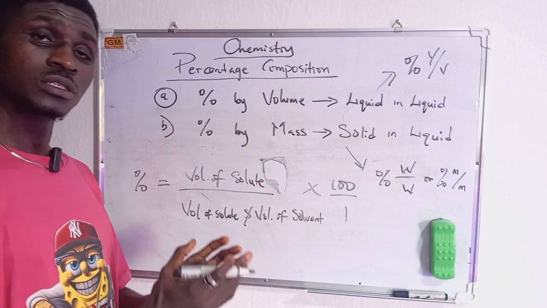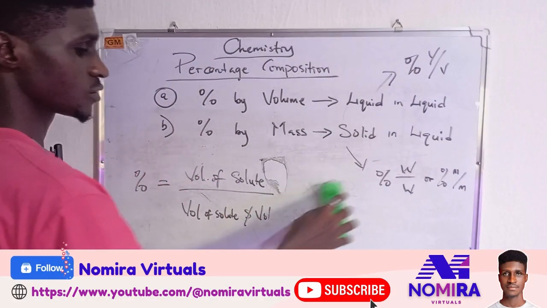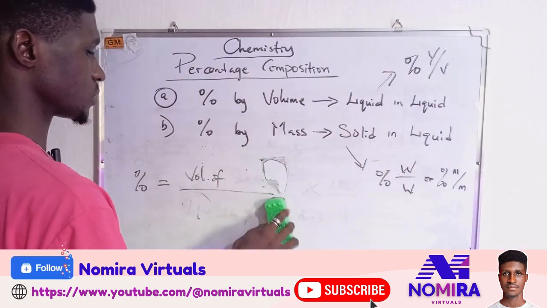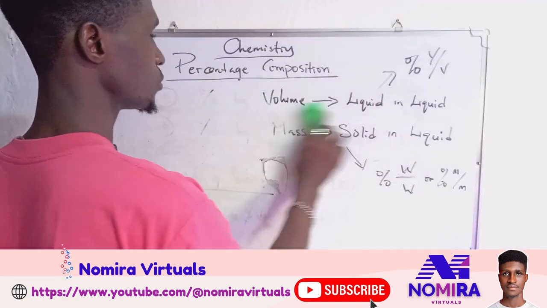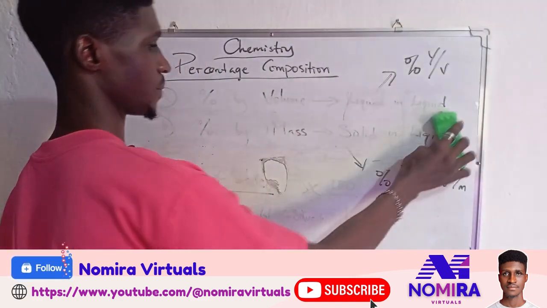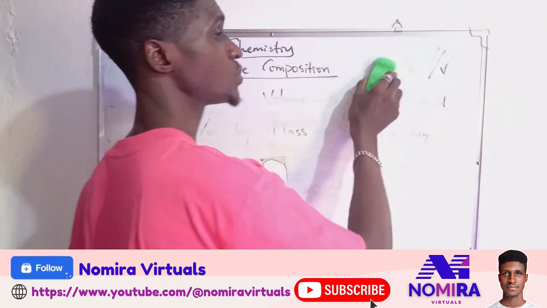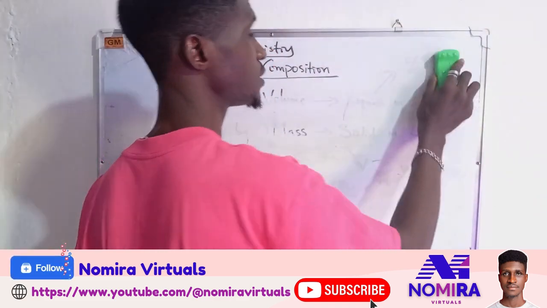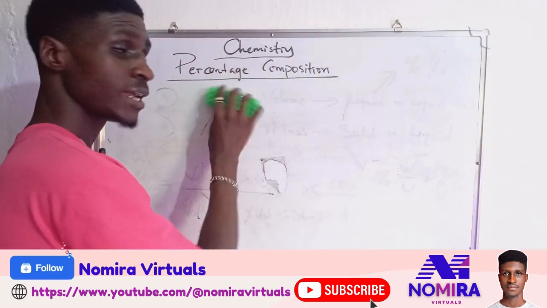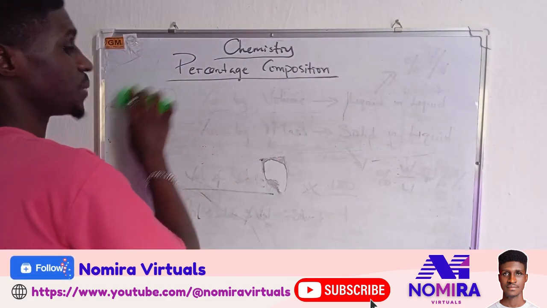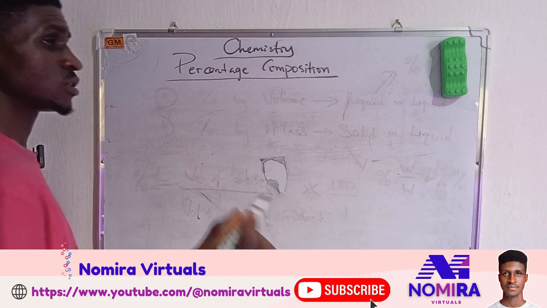because solute plus solvent makes up solution. If you are given 6 grams of a salt, say magnesium tetraoxosulfate 6, and then you are asked to dissolve it in 250 cm cube of distilled water, then you should find the percentage composition. What you are going to do is, let me just express this.